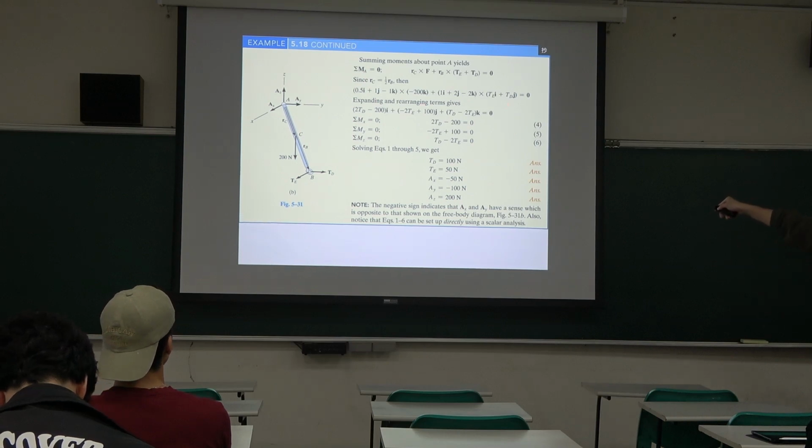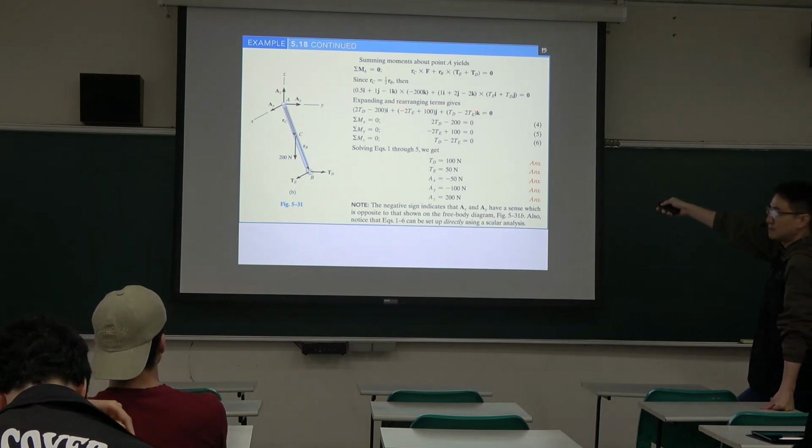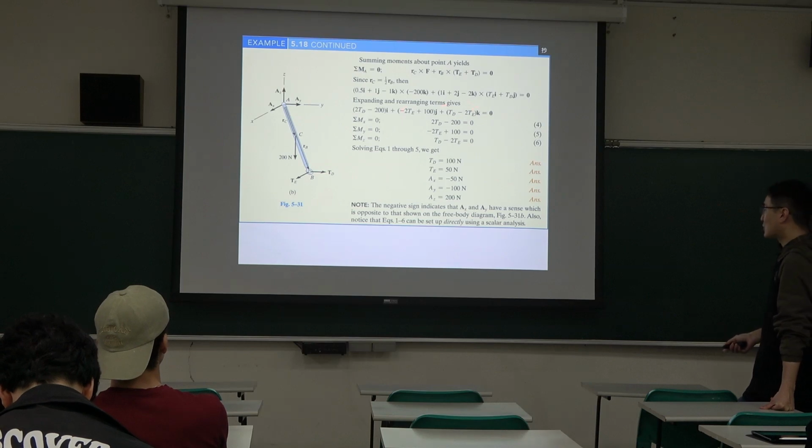So for the cross product calculation, this part can be simplified as this. Okay, so that's an MX component, MY component, MZ component, which should be equal to 0. First, from the MX component, we can work out TD. Second, from the MY component, we can work out TE.